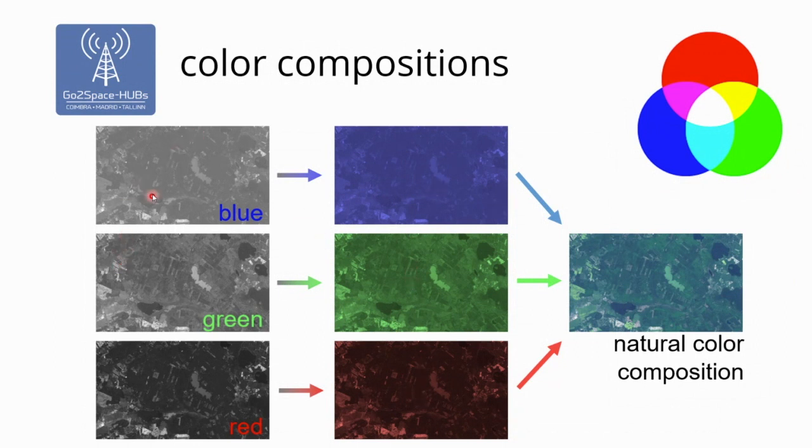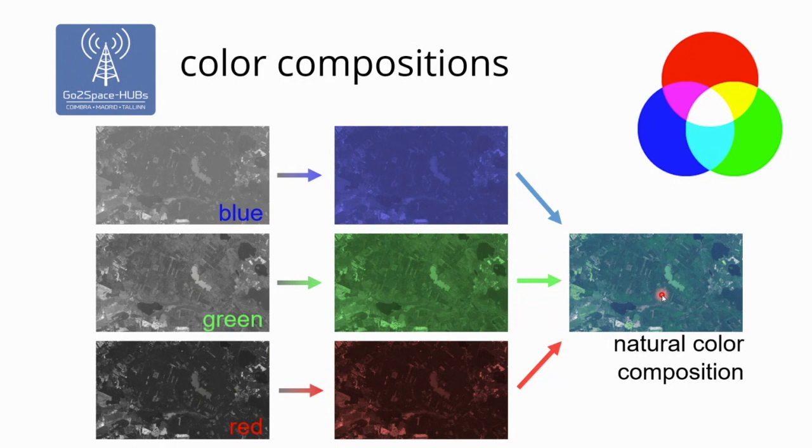So we have a blue band, this image containing data about reflectance in blue, and it's put through blue filter, green band through green filter, and red band through red filter. So whatever was bright in blue is bright in blue in this image, whatever is bright in green is bright in green, and whatever is bright in red is bright in red in this image as well. And otherwise, of course, it was the same way. So whatever is dark, etc.